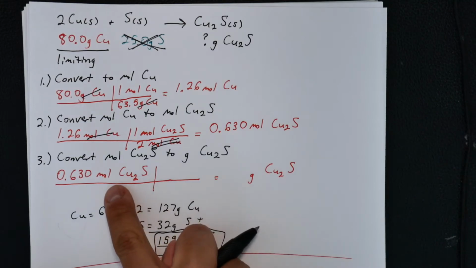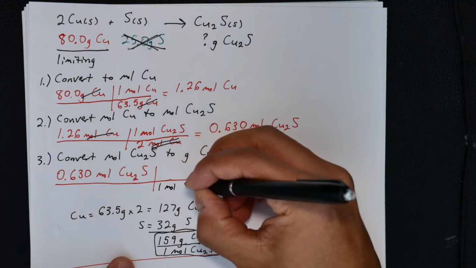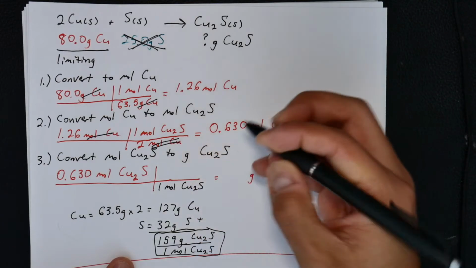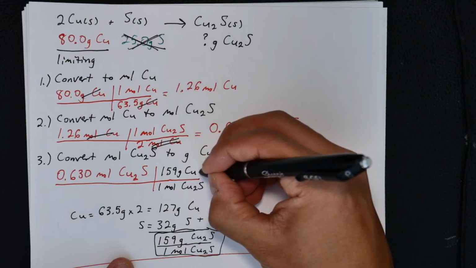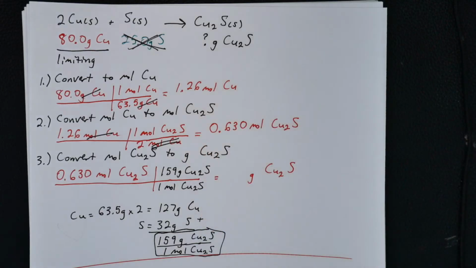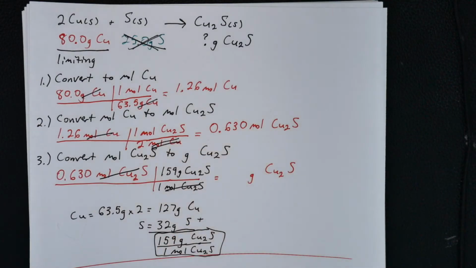Since we're starting with moles of copper 1 sulfide, we're going to have the 1 mole of copper 1 sulfide on the bottom, 159 grams of copper 1 sulfide on the top. That way moles of copper 1 sulfide cancel and we'll get into grams.